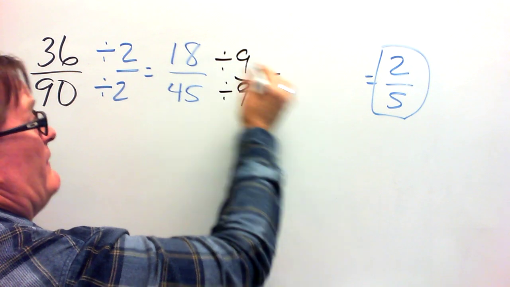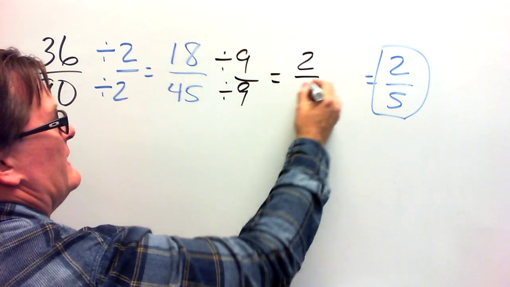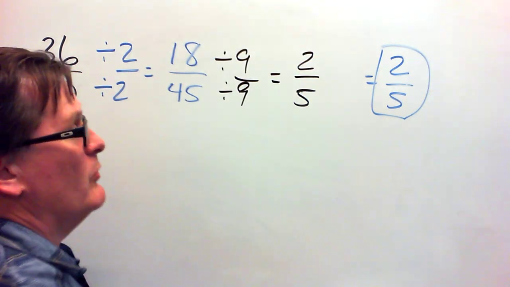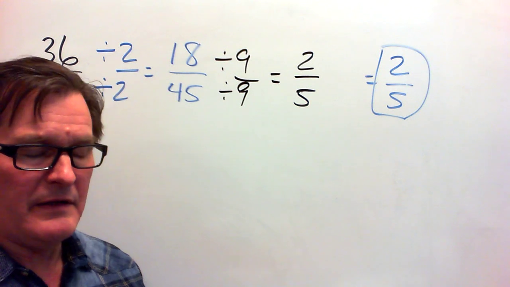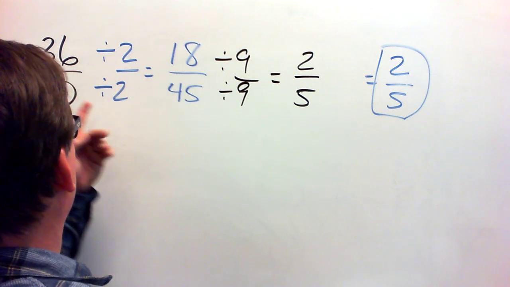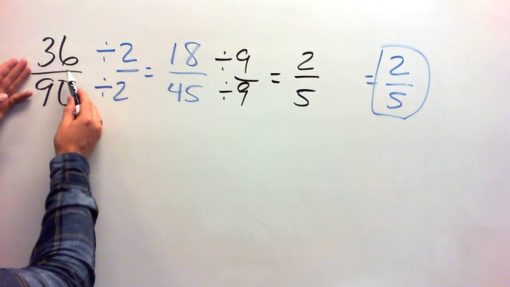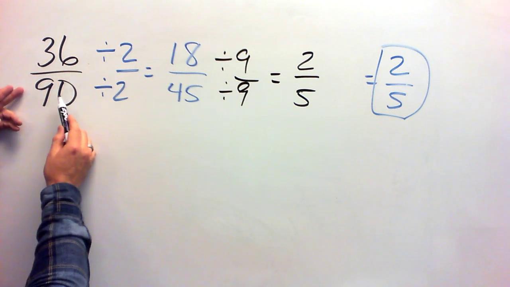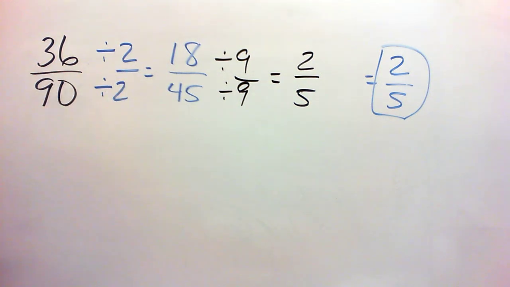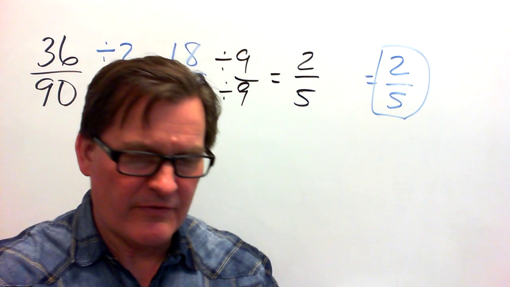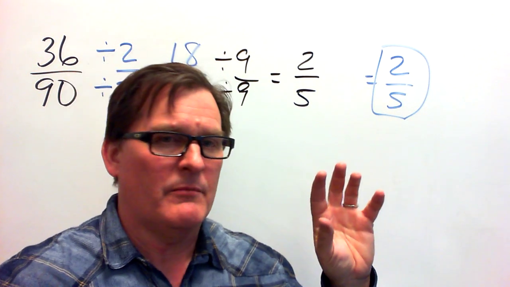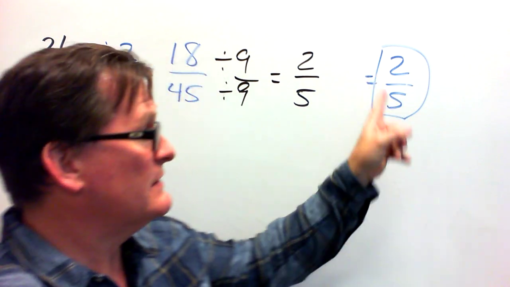And you see, if I'd have recognized that, I would have gotten to my answer a little bit more quickly. I would have saved this step. And you might have noticed that here. 36, 9 times 4 is 36, 9 times 10 is 90, so you might have noticed that right away too. There's a lot of different ways this problem could work out to find the same solution.